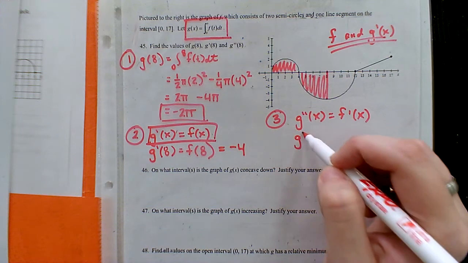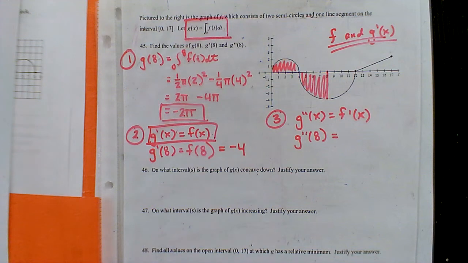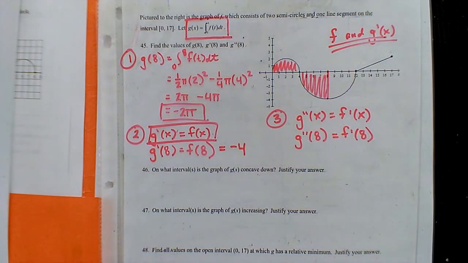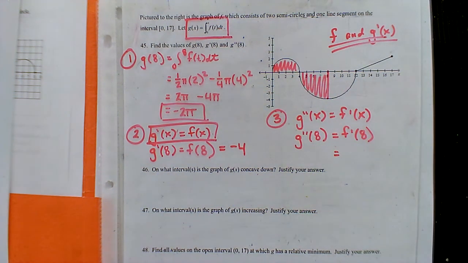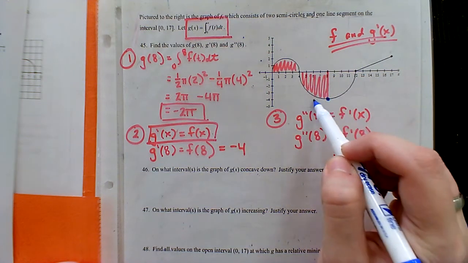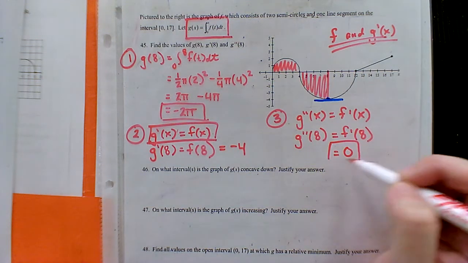So if we plug in 8 into the second derivative of g, we have to plug in 8 into the first derivative of f. Can you tell what f prime is at the x value of 8? Good. 0, right. If this is the graph of f, you're looking at that point and the slope at that point, which would just be 0. You have that minimum. Perfect.